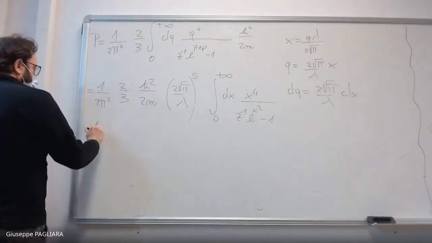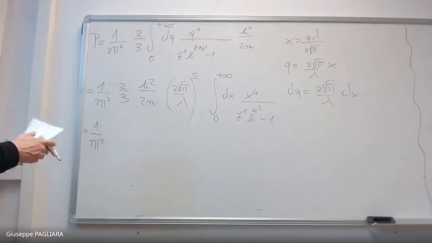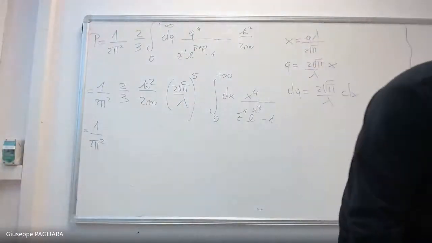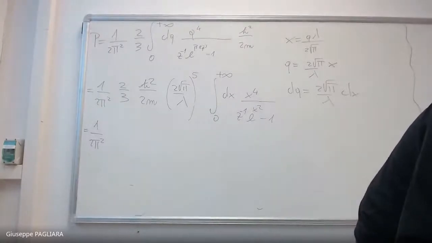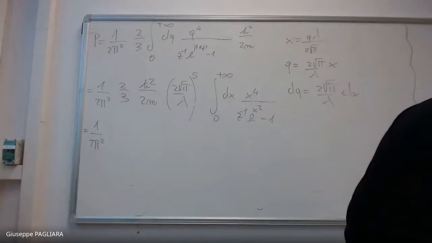Now, okay, this is 1 divided by 2 pi squared. So, maybe the kBT is missing. Ah, here is where the kBT was. No, this simplifies over there. Yes, no, this is right.